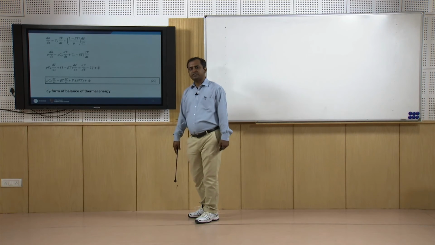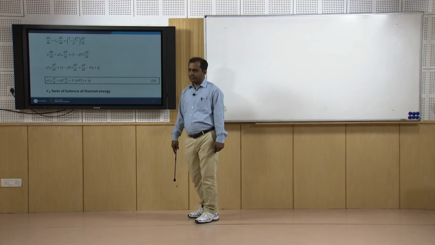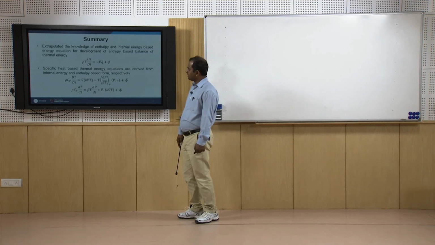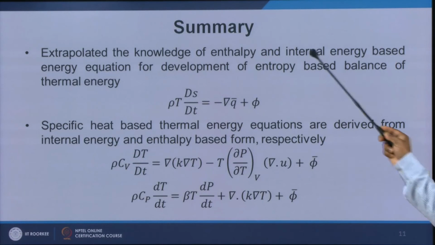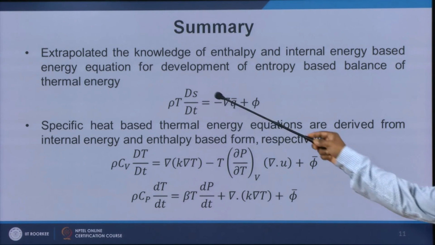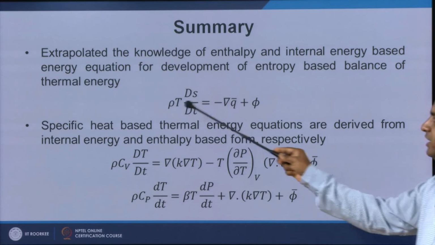And in the previous lecture we saw two more forms, one is the internal energy form and the other is the enthalpy form. So, let us summarize this lecture. We extrapolated the knowledge of the enthalpy and internal energy based energy equations, which I dealt with in the previous lecture, and developed the entropy based balance of thermal energy equation.